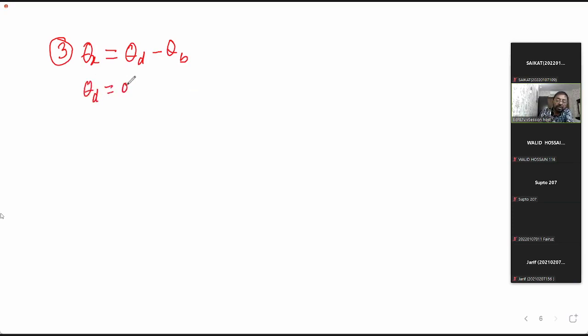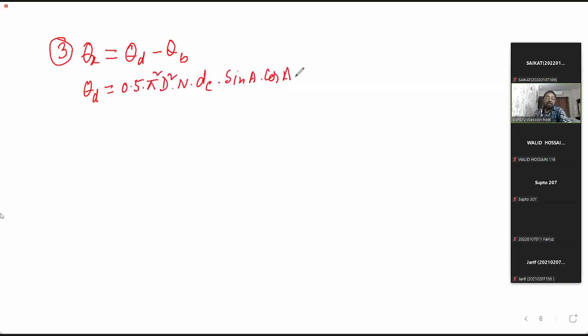We know the formula QD is 0.5 pi square D square, please help me. What is the formula? Sir, N DC sin A cos A. Sin A cos A. Okay.